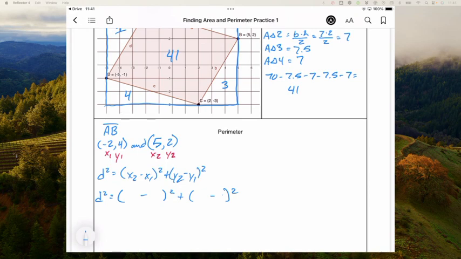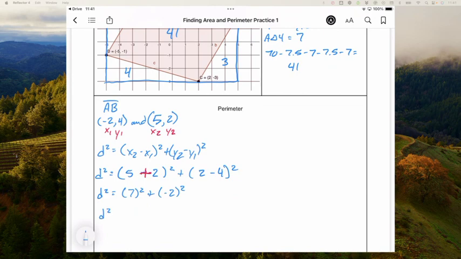And so x2 is 5, x1 is -2, y2 is 2, y1 is 4. So d squared is equal to, I'm going to go ahead and change that double negative to a plus. So 5 plus 2 is 7, plus 2 minus 4 is -2.